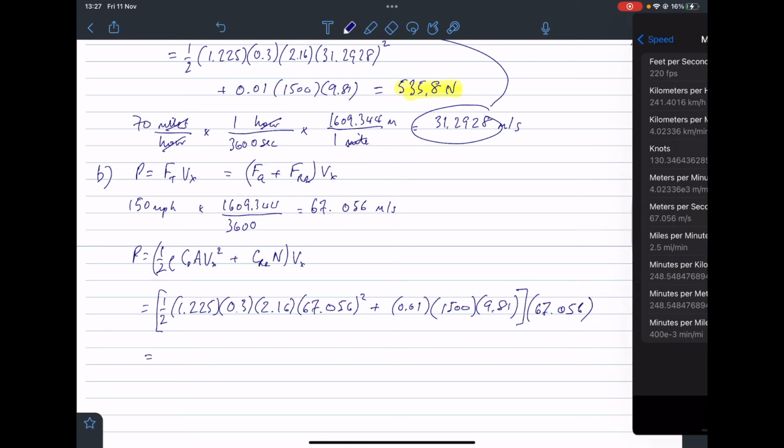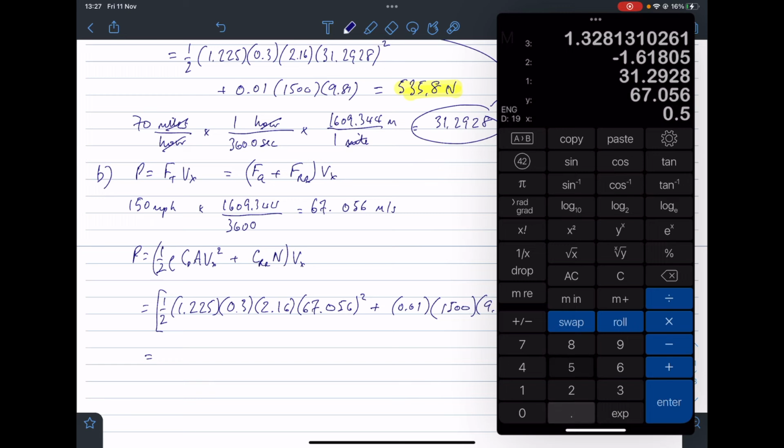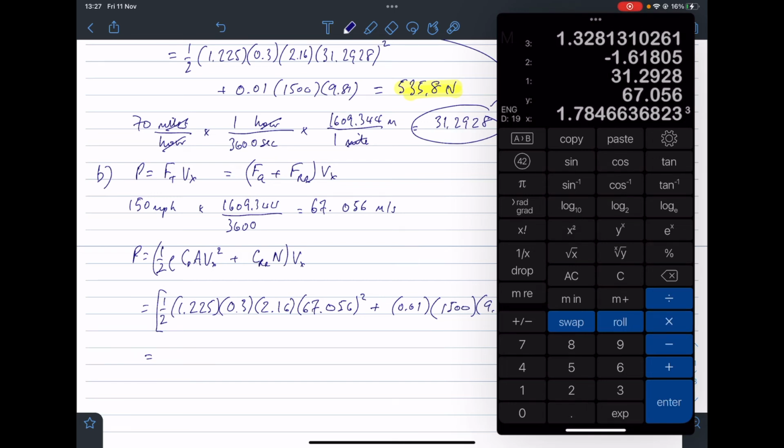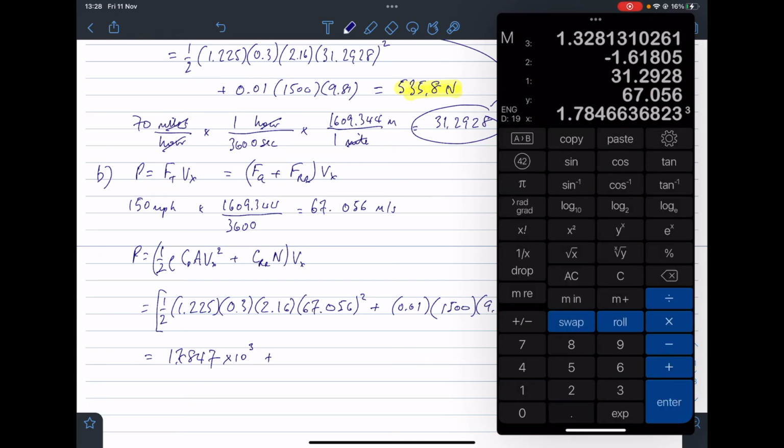Okay, so let's work it out. We've got 0.5, 1.1784, and we've got 0.01.